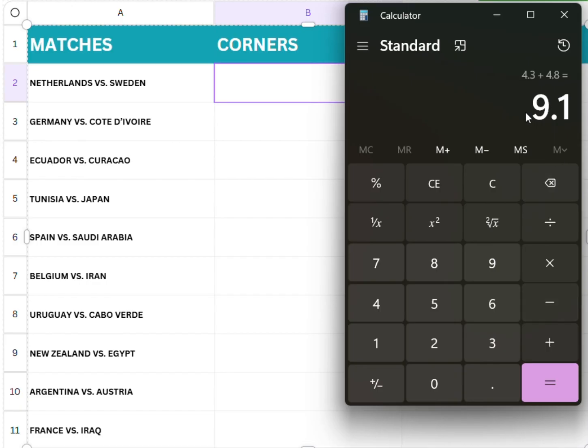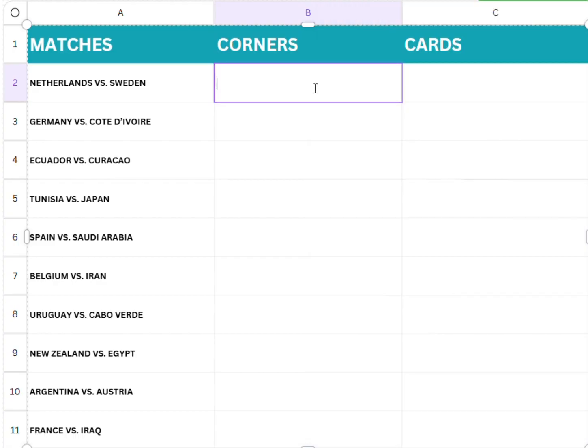So adding that all together, we're expecting about 9 corners in the Netherlands versus Sweden match.